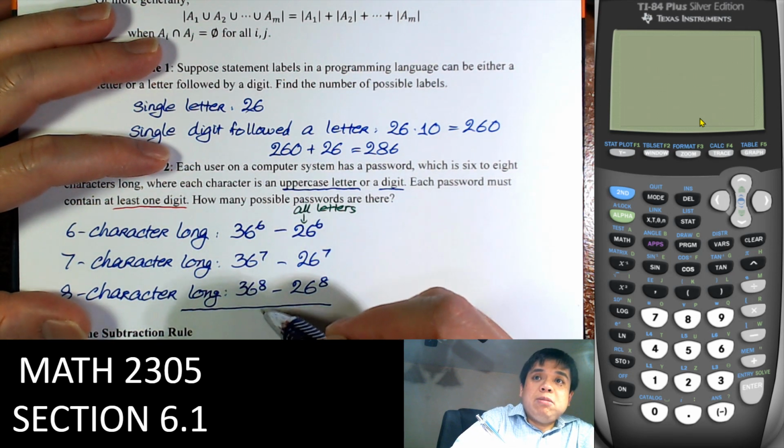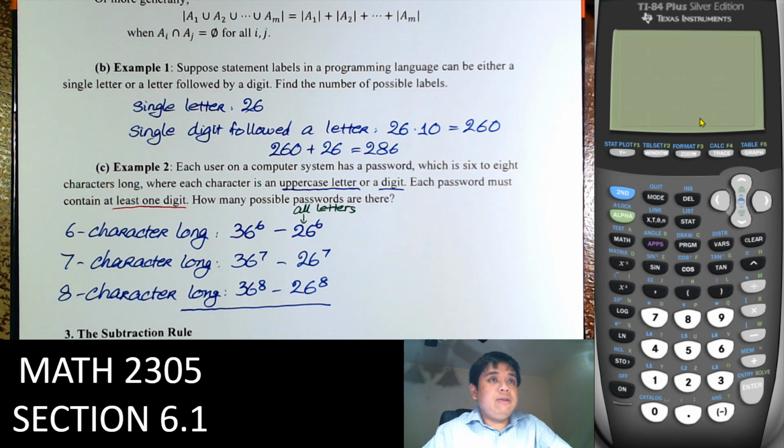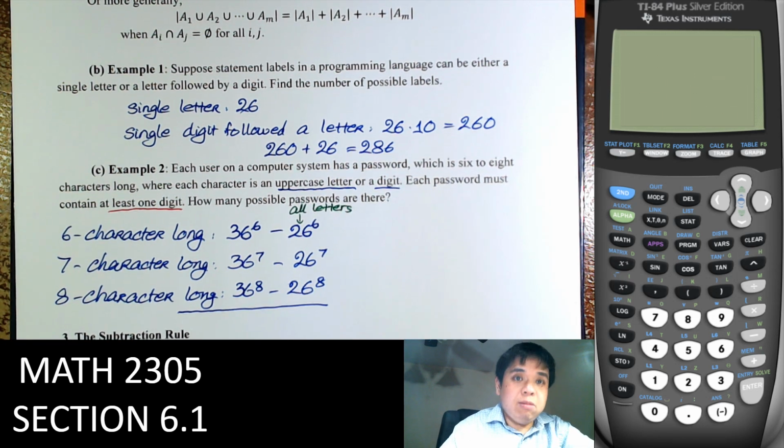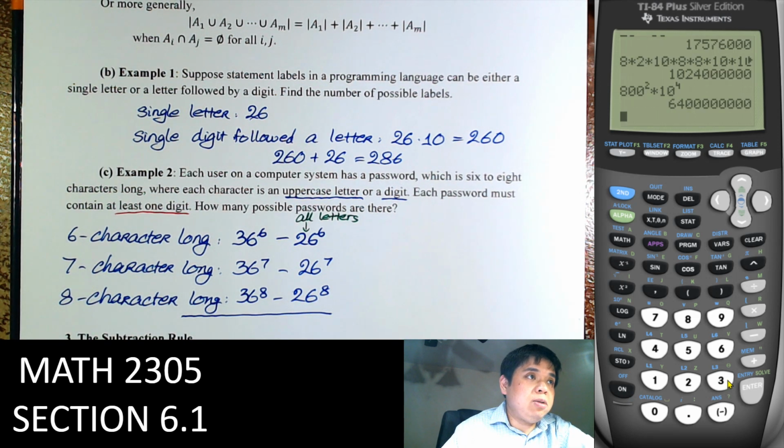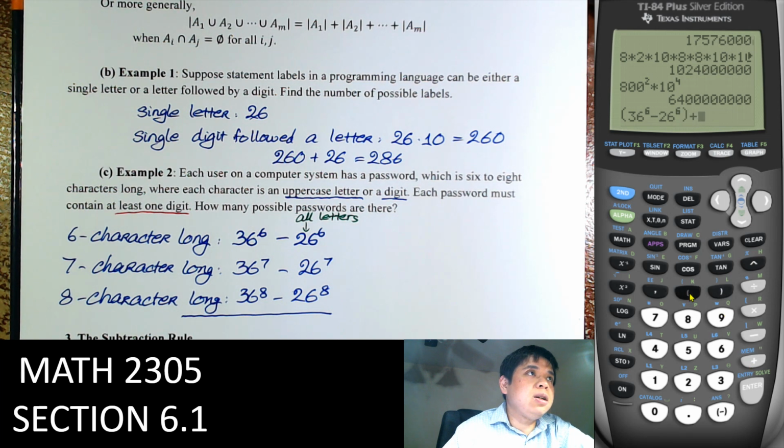And now this is the sum rule because we just have a different number for each case, so we're just going to add all of them up. That gives us the total number of strings, the passwords, that have this characteristic. So 36 to the 6 minus 26 to the 6 plus 36 to the 7 minus 26 to the 7, plus 36 to the 8 minus 26 to the 8.